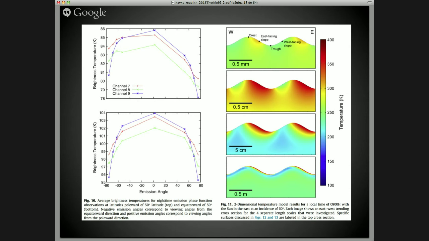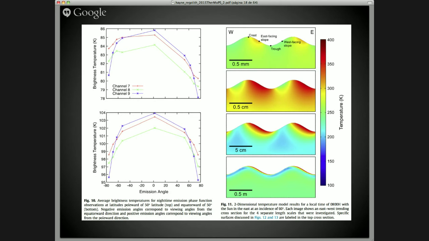If you increase the roughness, catastrophically in this case, you get very different brightness temperatures. In the short wavelength channels, you're preferentially measuring thermal emission from the hottest facets. In the long wavelength channels, you're preferentially measuring thermal emission from the colder facets. So we can use this difference in brightness temperature to derive the surface roughness.